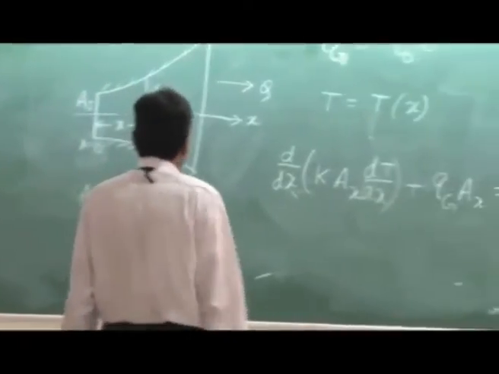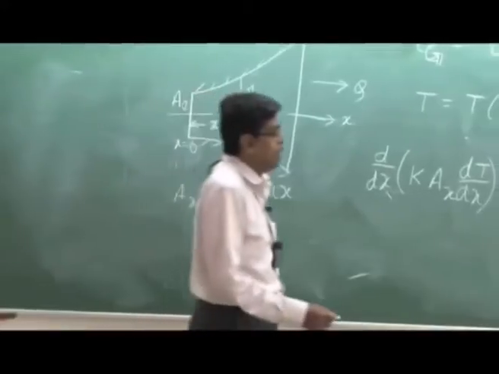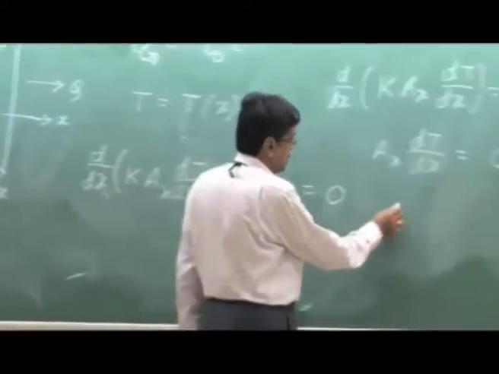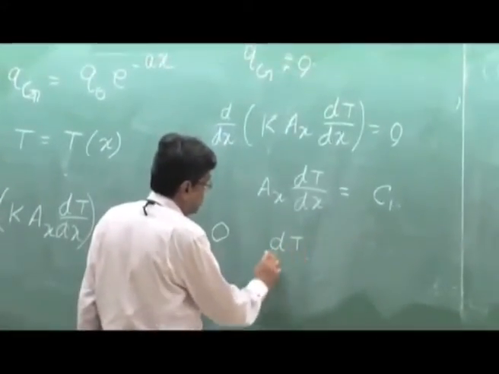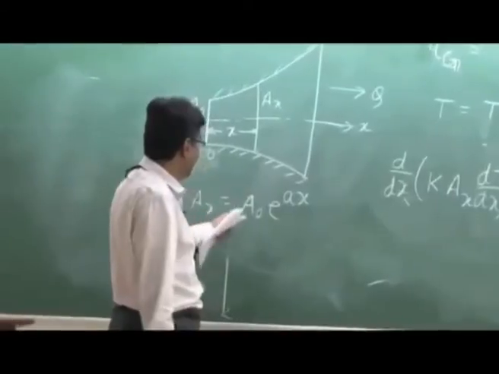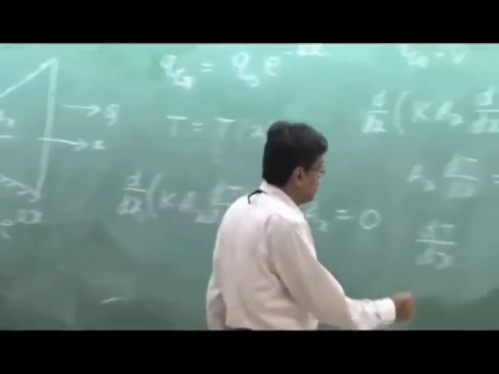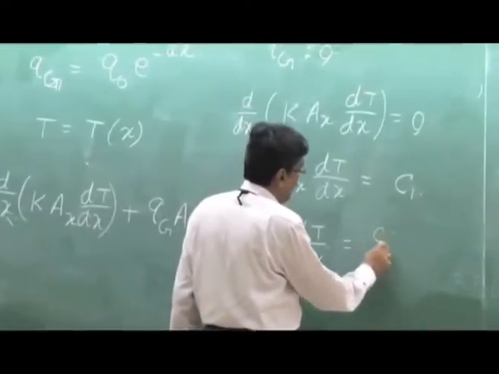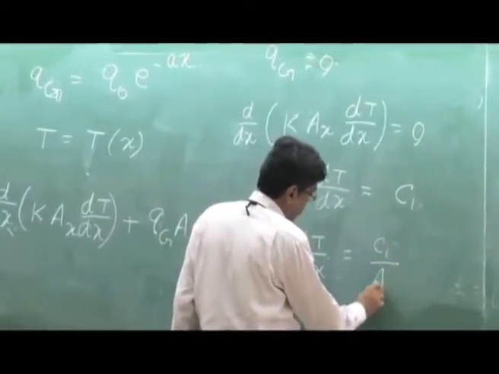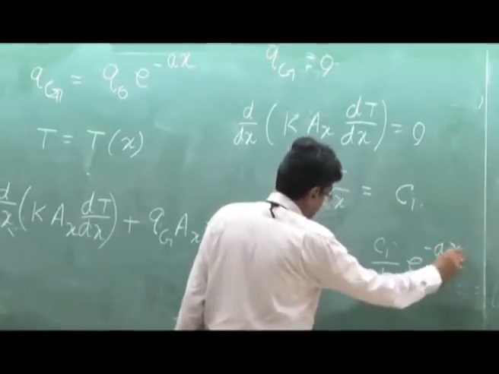Okay, then it is simply the integration. dT/dx is C1 by A(x). A(x) is A0 e to the power ax. That means C1 by A0 e to the power minus ax.